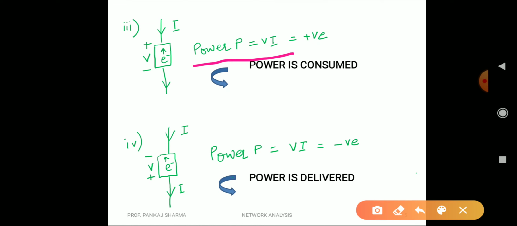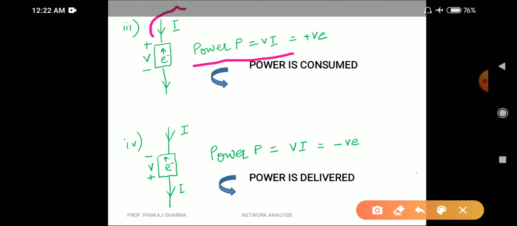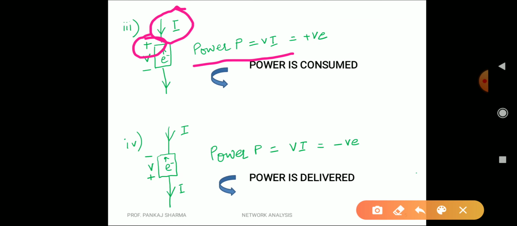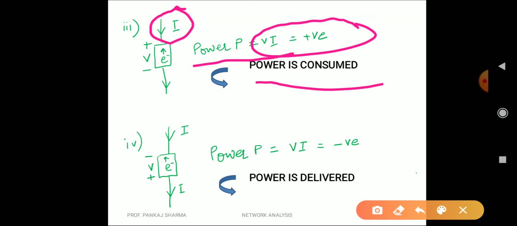See this, the arrow is heading into the plus terminal of the potential, so it is positive power. When power is positive, power is consumed.